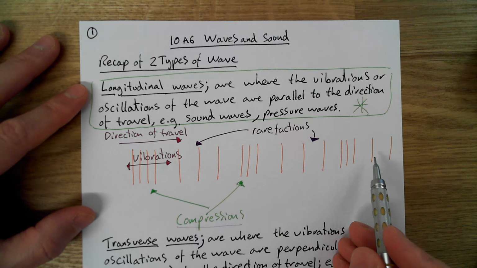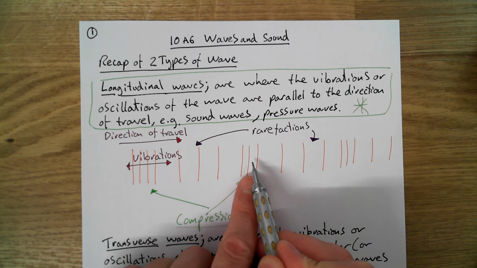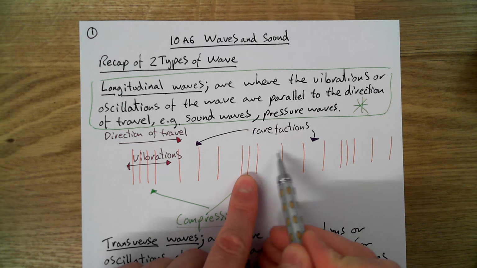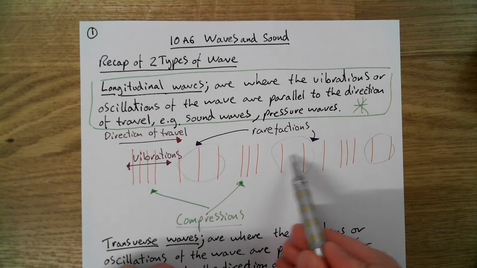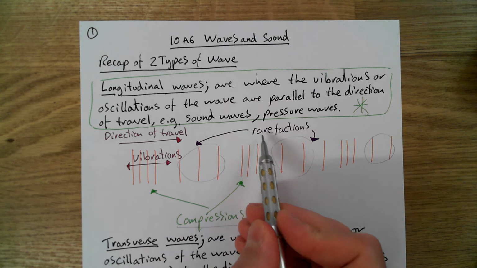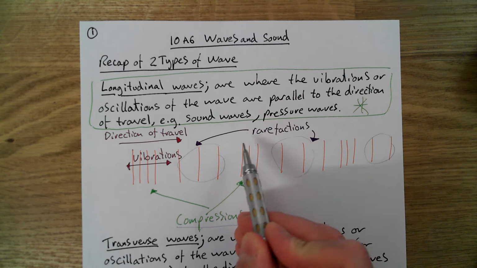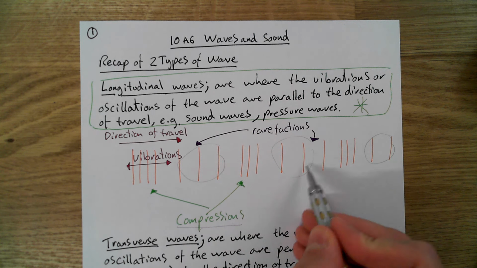Sometimes I've seen this on exams where you're asked to label where the compressions are, or indeed the opposite. Where they are compressed together must mean atoms are pulled from there, creating these spaces. So you get a region, here and here and here, where the atoms are stretched further apart, and those are known as rarefactions. It's an odd word. You don't see it anywhere else that I've ever seen other than this diagram. So these are known as rarefactions.